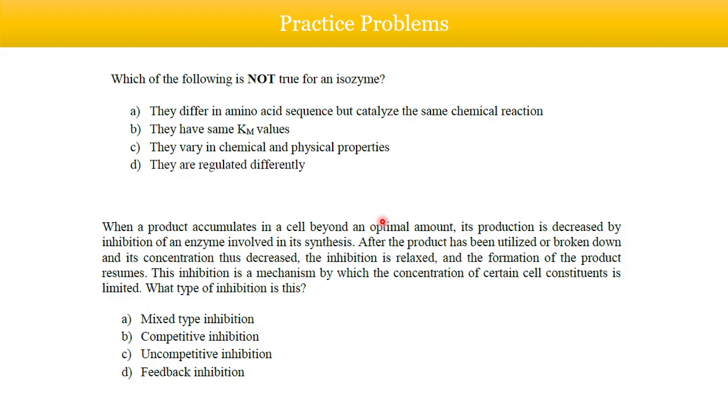Isozymes are basically different forms of an enzyme that catalyze the same reaction, but they differ in their amino acid sequence. So what is not true for an isozyme?